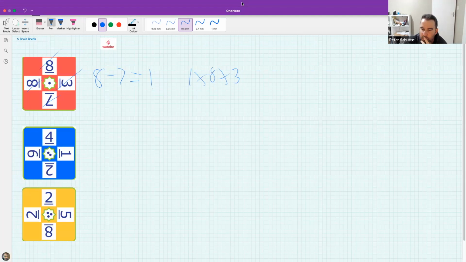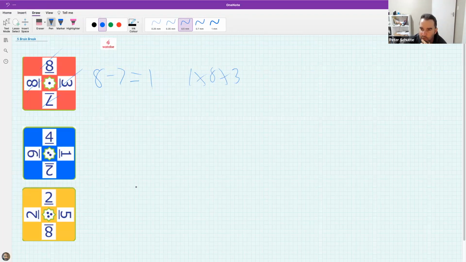Okay, I got the yellow, but I forgot what I did. No one's got the blue one either yet. The 9 and the 1. So Letabo has said 9 times 2 plus 4 times 1. Let's see. 9 times 2 is 18 plus, that would give you 22. So that's close, Letabo, but not quite.